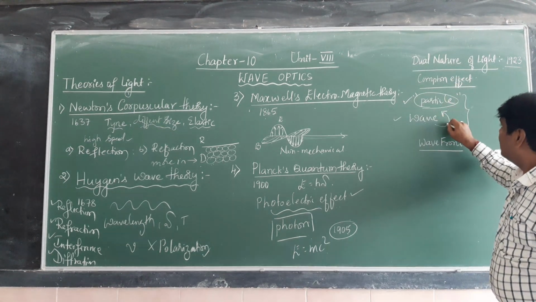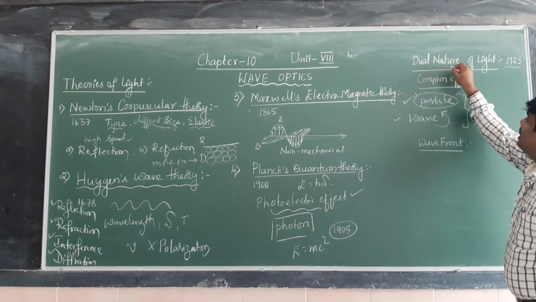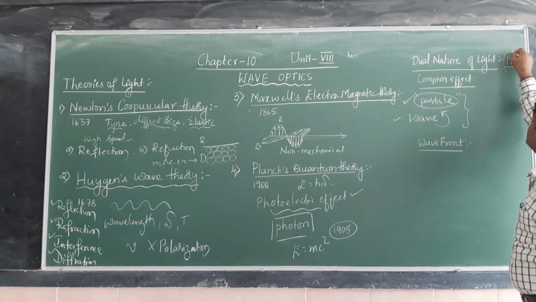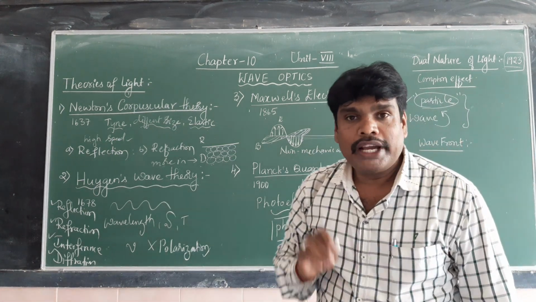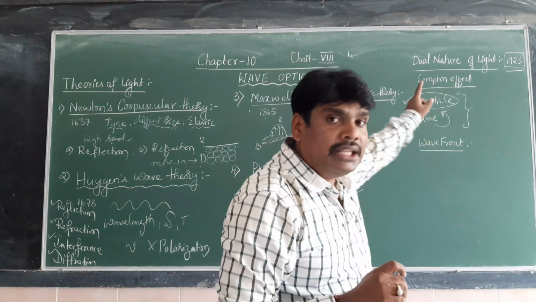That's why light is treated as having both characters. That's why light is considered to have dual nature. This comes from 1923. Clear now?